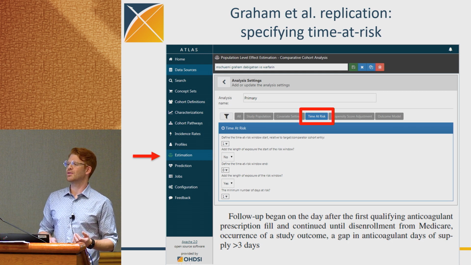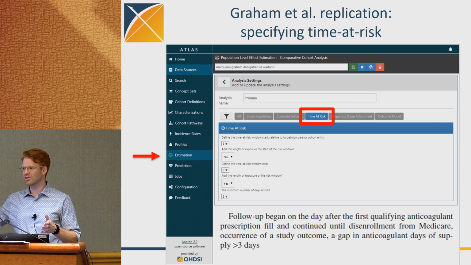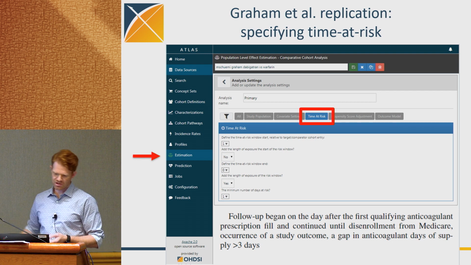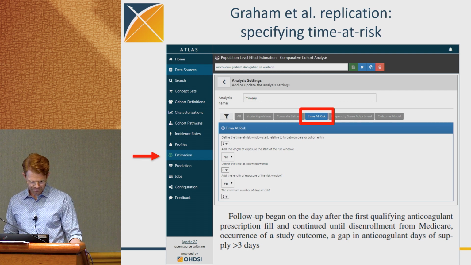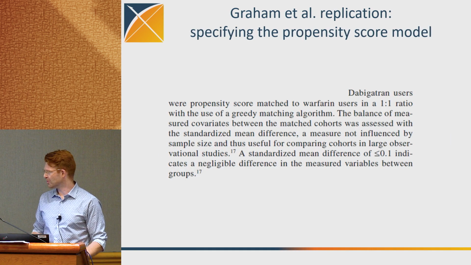If you wanted to do something at a 30-day biologic window on the end of your persistent drug exposure, because the idea is that the effect of the drug will persist for another 30 days, you just add that on here. Did they do that as a sensitivity analysis in this? I don't think so. Yeah, that's just a common one where you can put it in here.